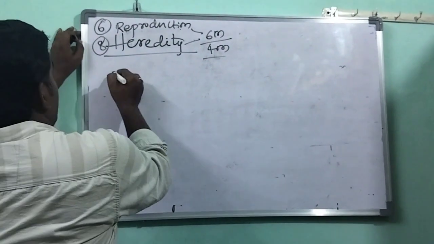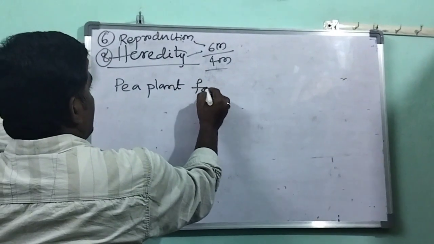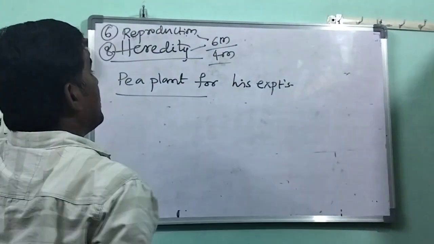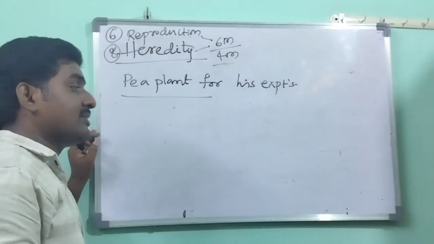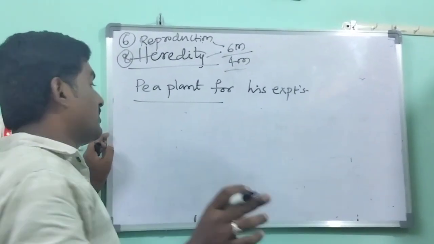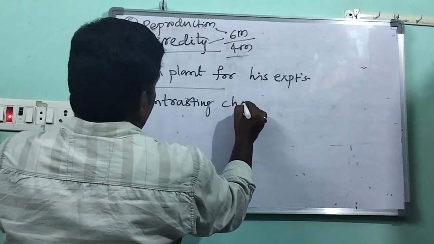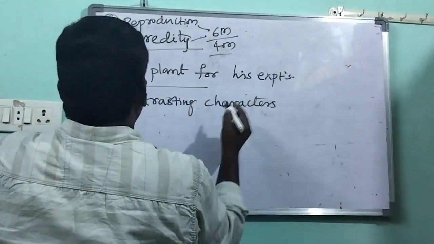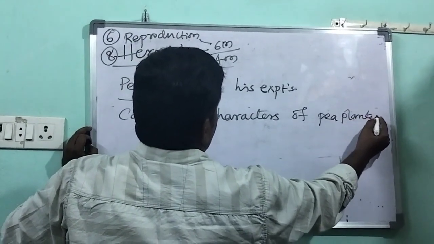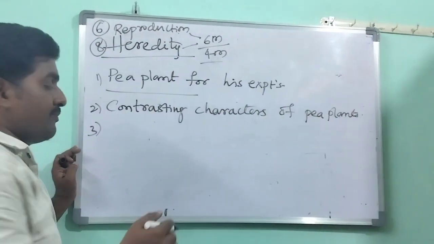So in that, why did Mendel select the pea plant for his experiments? Who selected it? Why did Mendel select the pea plant for his experiment? Next, what are the 7 contrasting characters of the pea plant that Mendel observed? Next, third one, what is Darwinism?